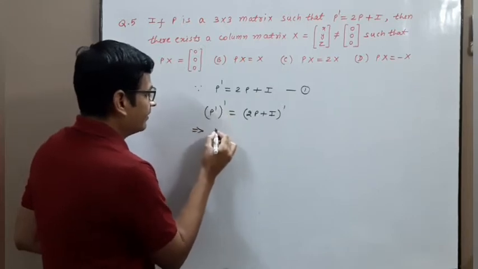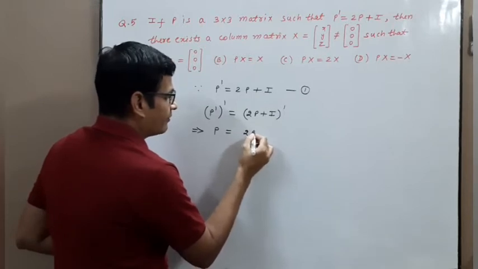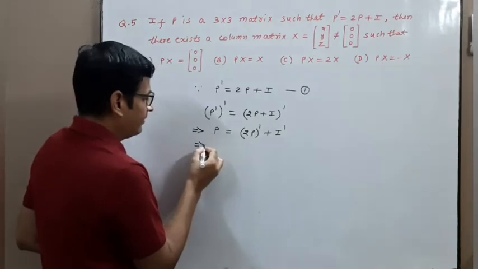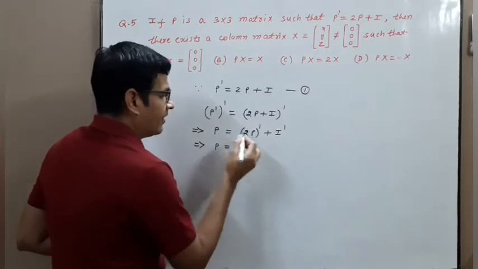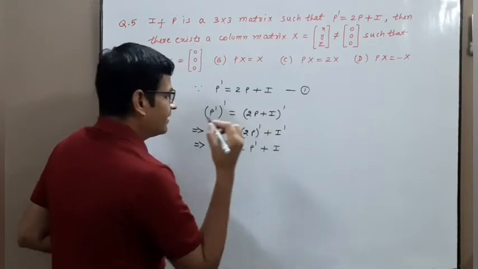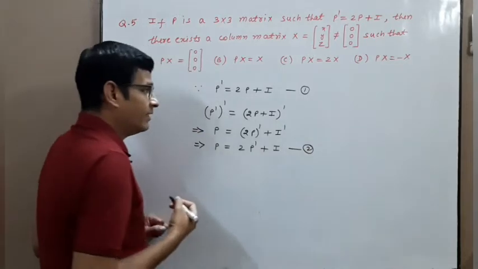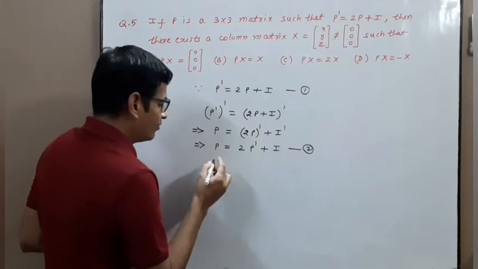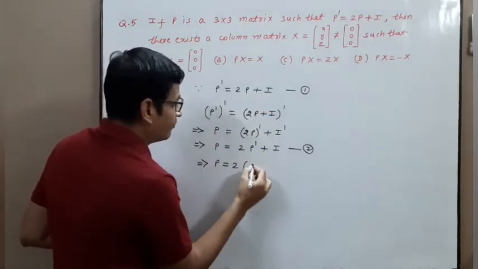Transpose of P transpose equal to, we can separate transpose of 2P plus transpose of I. P is equal to 2 common and transpose of P, and transpose of identity matrix is equal to identity matrix. So there are two equations. From these two equations find the value of P. So substitute value of P dash from equation 1 to 2. So P equal to 2, in place of P dash write 2P plus I.